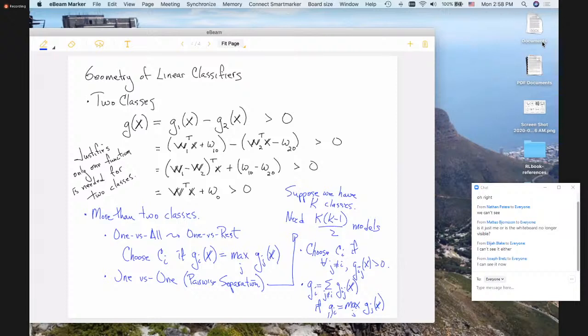Which also, if you wanted to put that down instead of looking at the raw values and just count the number of times that G sub i is the largest, basically reduces to voting. But this is a little bit finer grained because it can also be used to break ties.